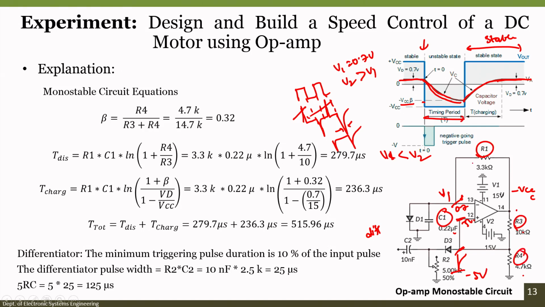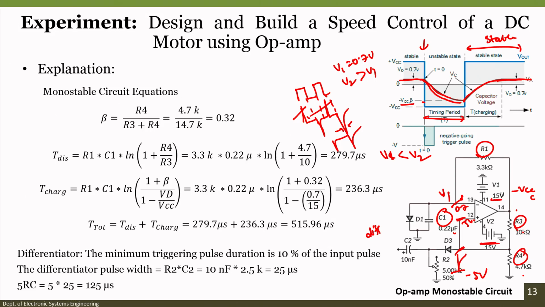R1 and C1 tell you how fast your capacitor will charge, and R3, R4 tell you up to what value the capacitor will go, that is, minus VCC into beta. So the VCC that we are providing is also very important in this case.